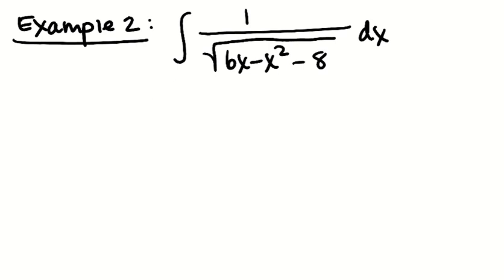So what this is, this is just off from a perfect square, right? Okay, I see an x squared, a 6x, so I would probably need a 9, but I have 8. Okay, so what I need to do is turn this into something that looks like an arcsine antiderivative.